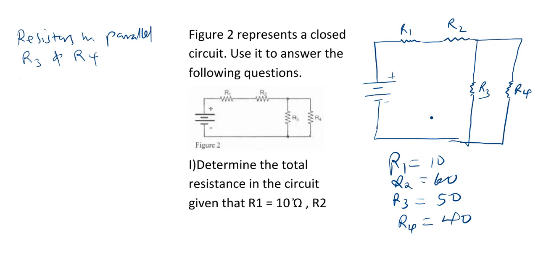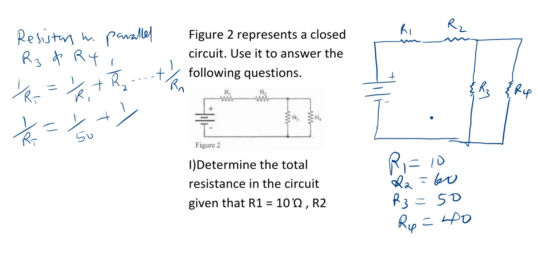In a parallel connection, the total resistance is given by 1 over RT equals 1 over R1 plus 1 over R2, like that up to the last resistor Rn. In this case we have only R3 and R4, whereby 1 over RT will be given by 1 over R3, which is 50, plus 1 over R4, which is 40.